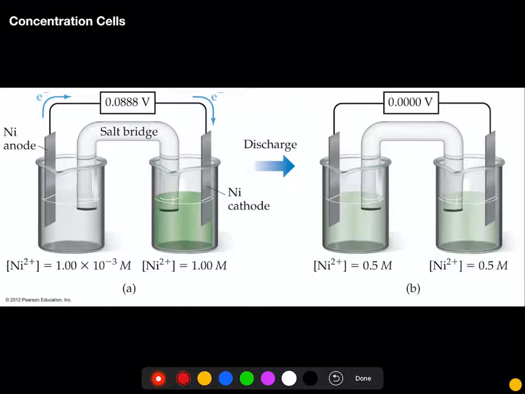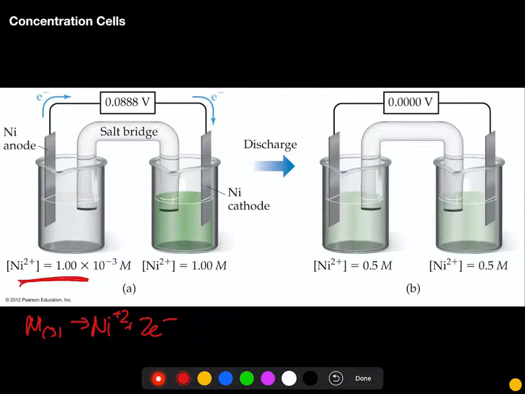So if we look here, this is my anode, where oxidation is supposed to occur. That means the reaction happening in there is going from nickel solid to nickel plus 2 electrons. So oxidation is occurring here, and we'll note that we have a really, really low concentration of nickel ions.